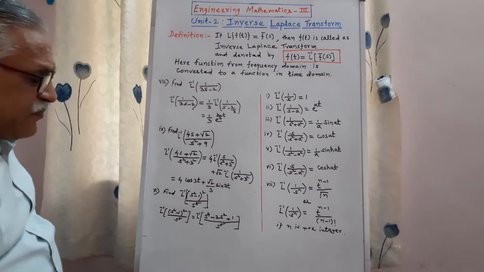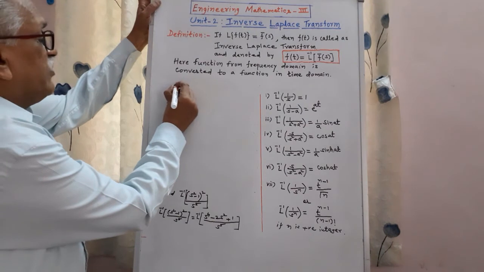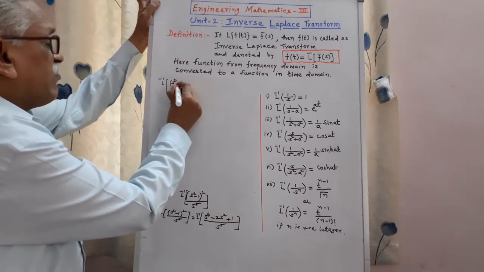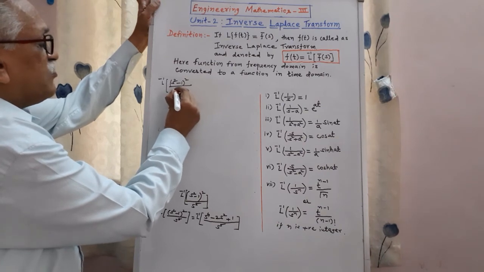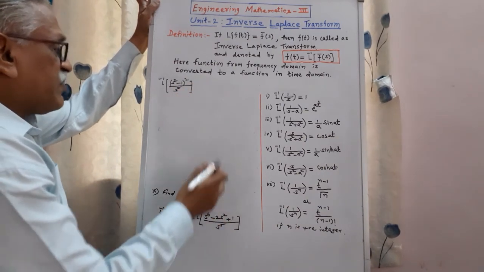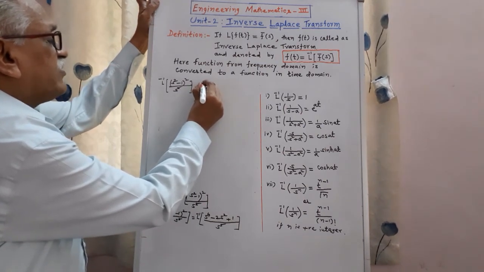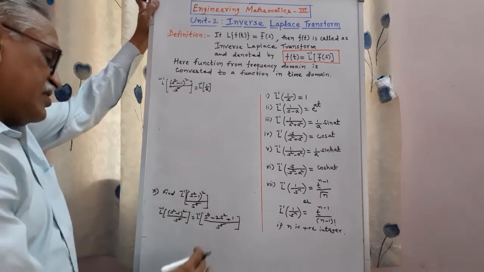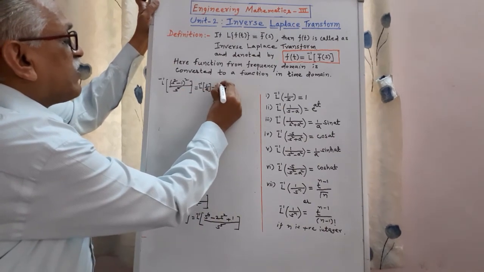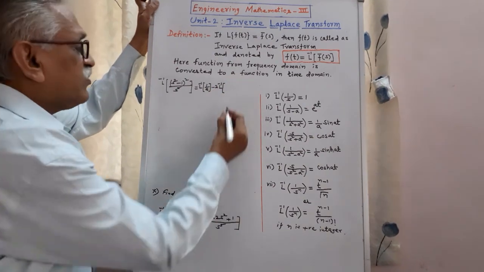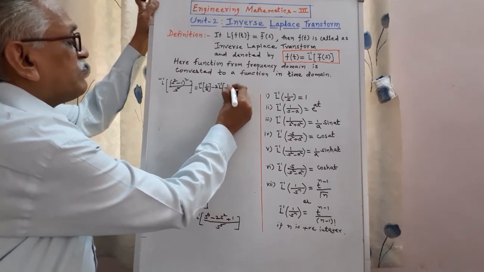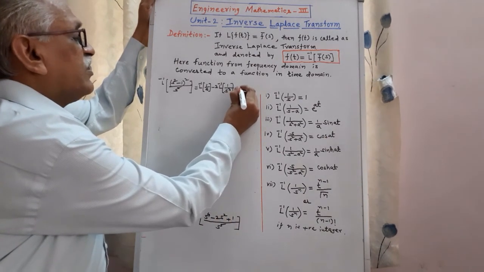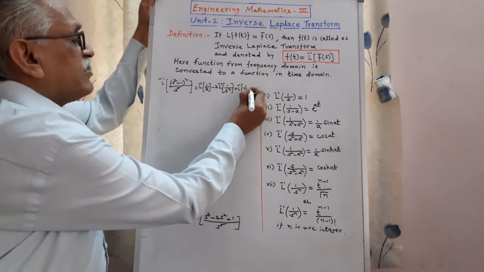Then dividing separately, we get inverse of s raised to 4 by s raised to 5, that is 1 by s, then minus 2 constant outside, inverse Laplace of s square by s raised to 5, it is 1 by s cube, and plus inverse of 1 by s raised to 5.